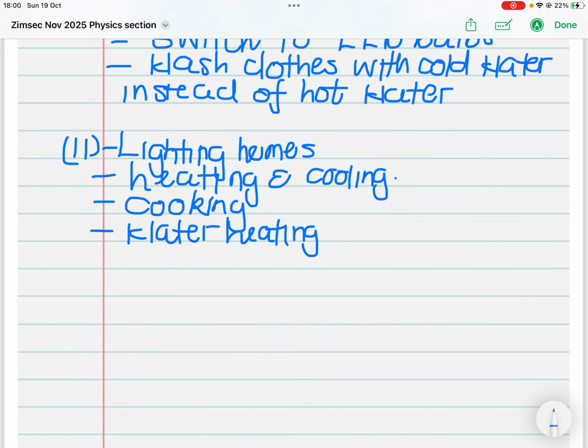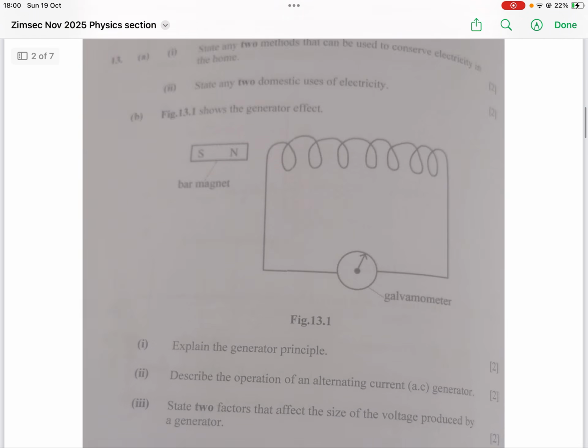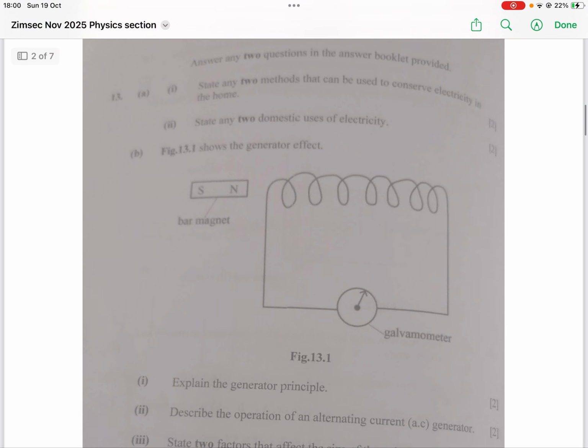And also, electricity powers various household appliances like the refrigerator, ovens, microwaves, washing machines, etc. So these are some of the uses of electricity at home, right?